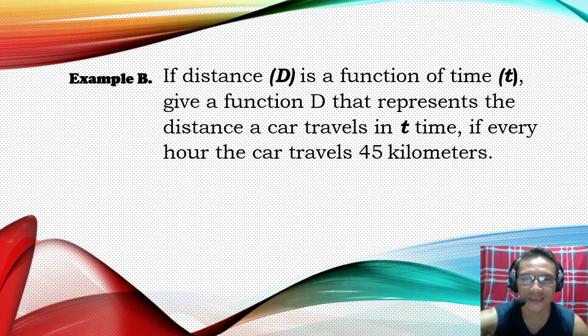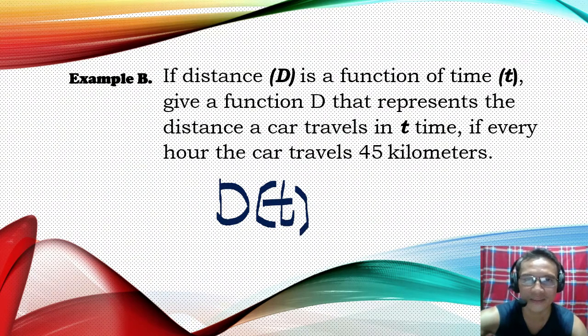So let's take another example. If distance d is a function of time t, give a function d that represents the distance a car travels in t time if every hour the car travels 45 kilometers. Okay, so let us represent the distance as a function of time as d of t is equal to what?